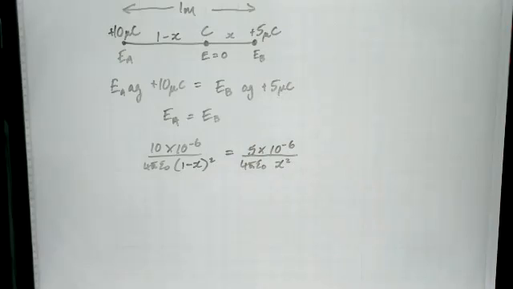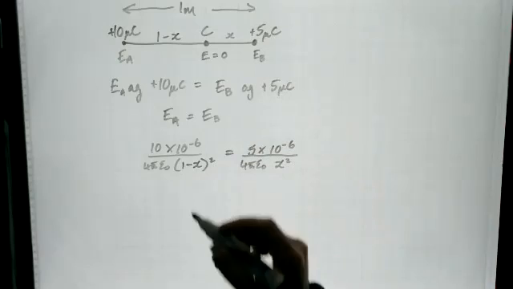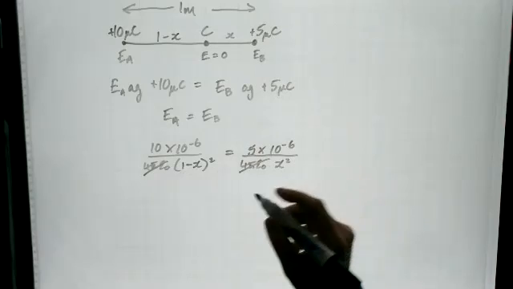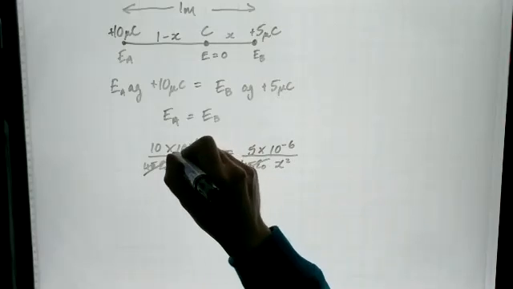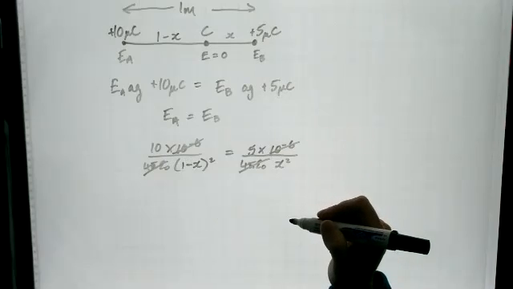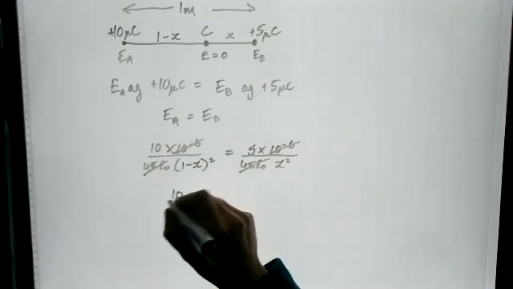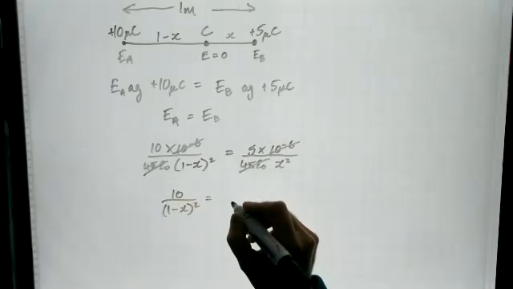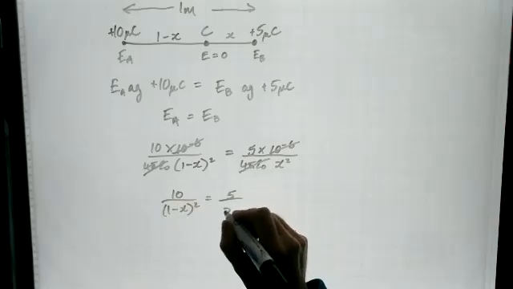Yep, perfect. So the 4 pi epsilon naught cancels, and the 10 to the power of minus 6 cancels. So we get 10 over 1 minus x squared equals 5 over x squared.